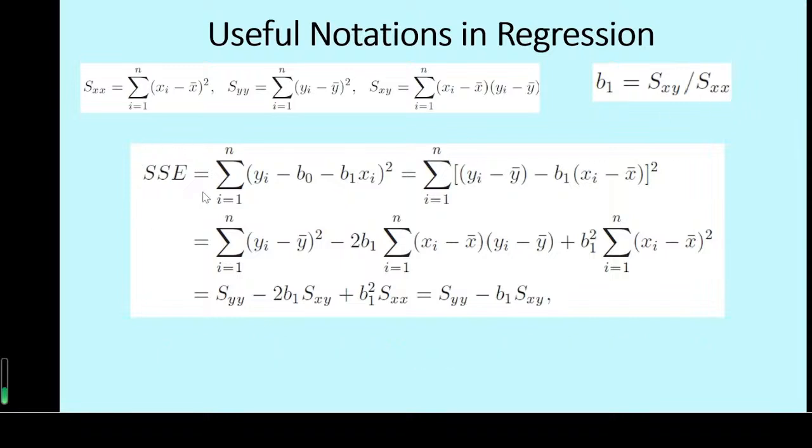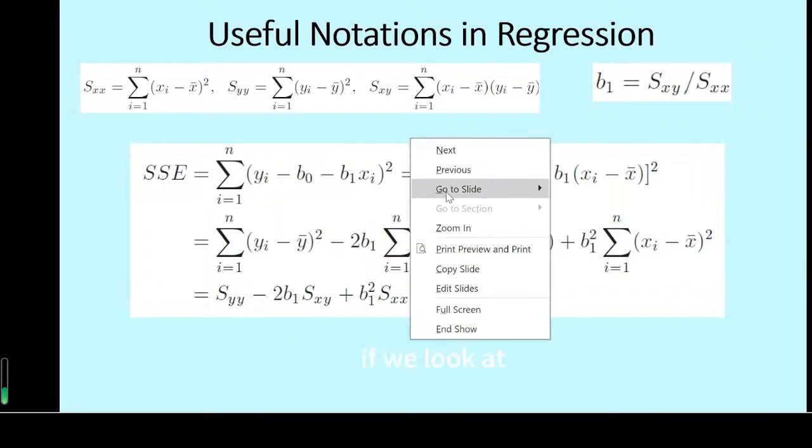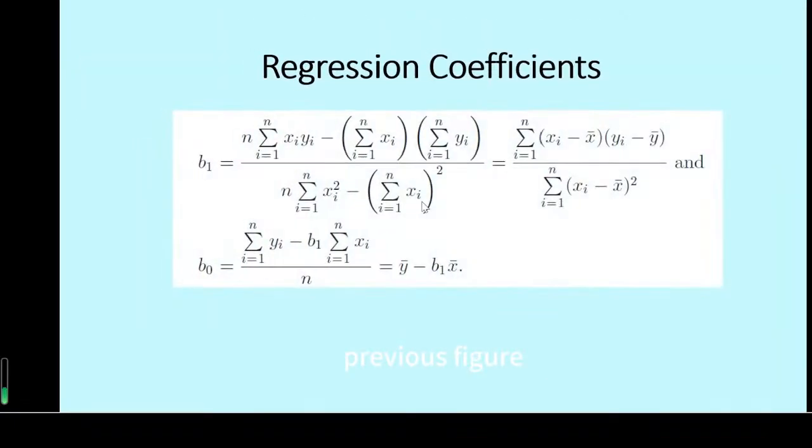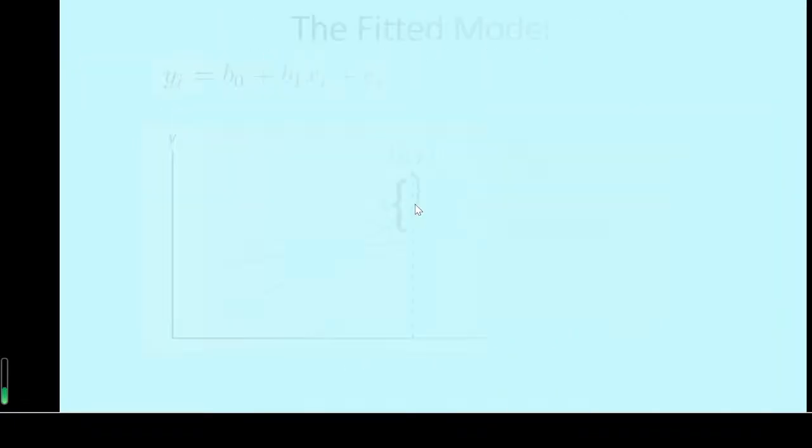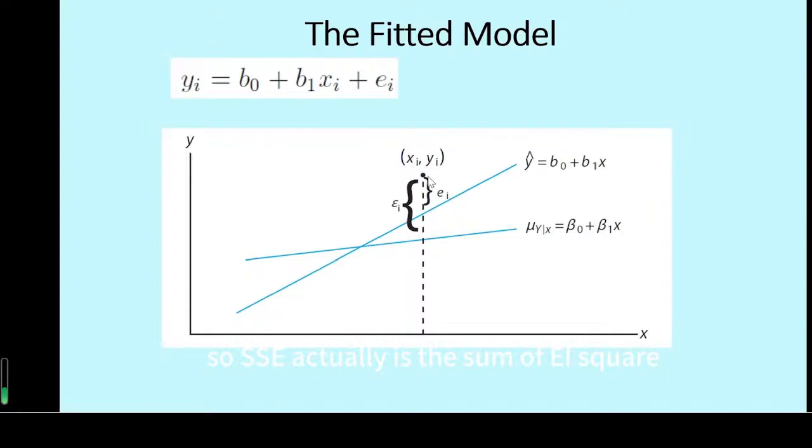Another notation is SSE, which means the sum of squared errors. If we look at the previous figure, SSE is the sum of e i squared, where e i is the difference between the observed value and the fitted line given x at this point.